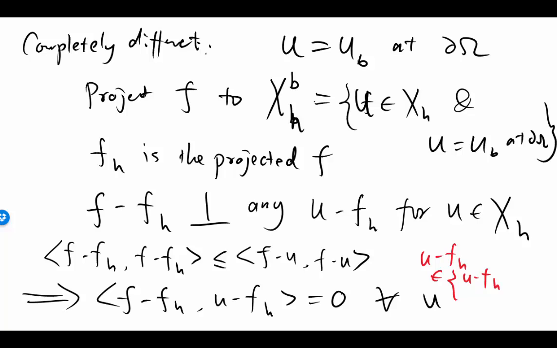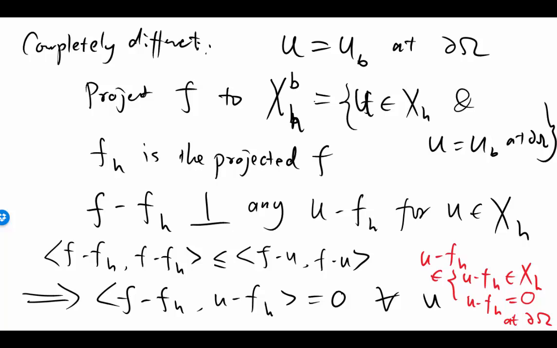Of course, it has to be in Xh because Xh is a linear space, and u minus fh is equal to what at the boundary? Equal to 0, yes, because both u and fh have to satisfy the same boundary condition.